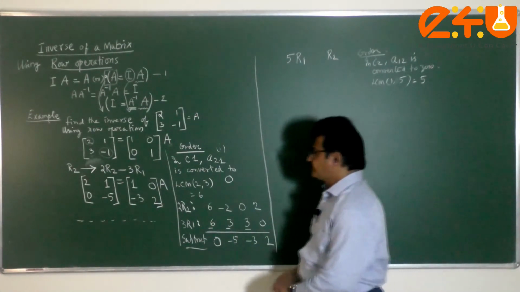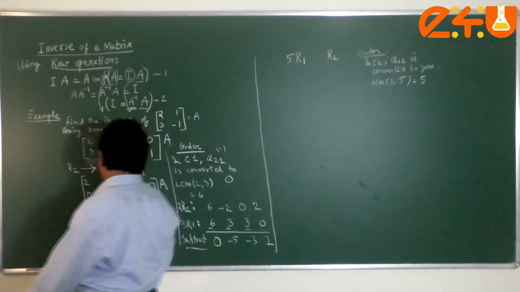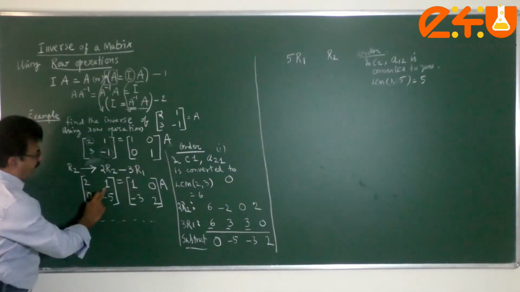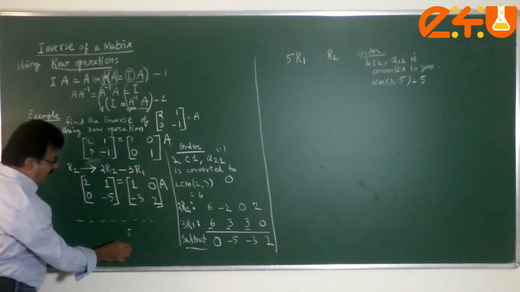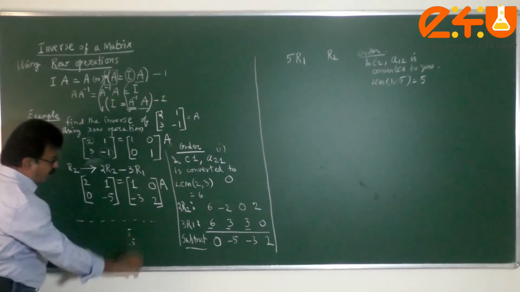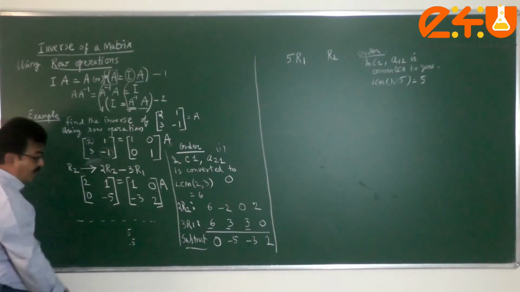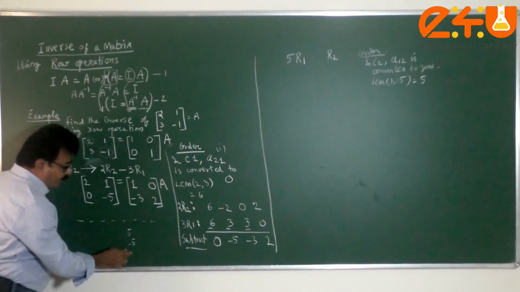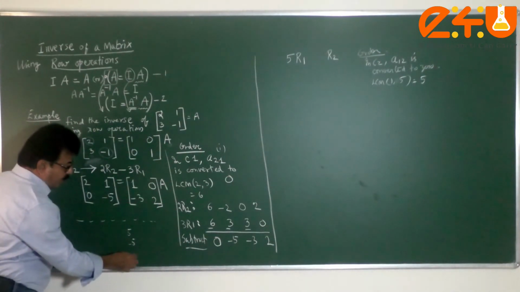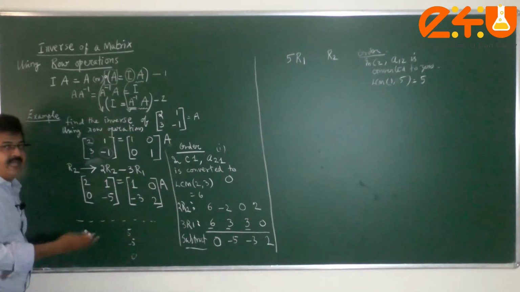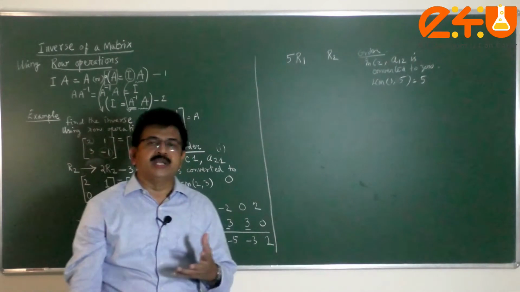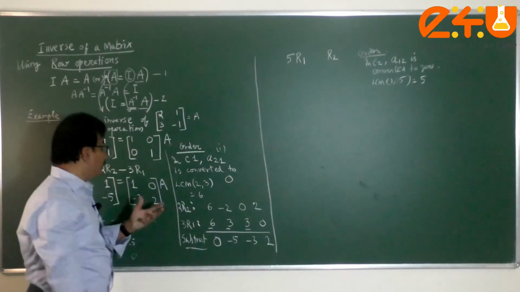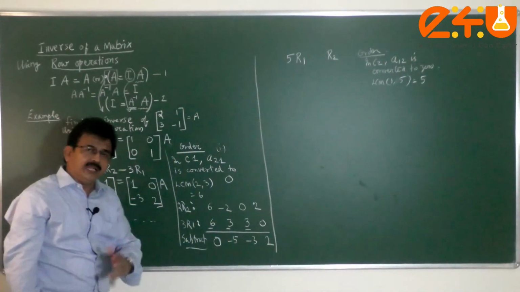Then imagine after multiplying what you are going to get. 1 multiplied by 5 gives 5. Minus 5 multiplied by 1 stays minus 5. If you add both numbers, you will get 0. If you subtract, you will get 10. So make sure the operation is not always subtraction. The operation could be addition also.